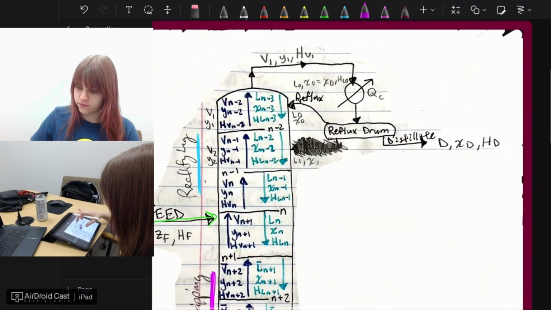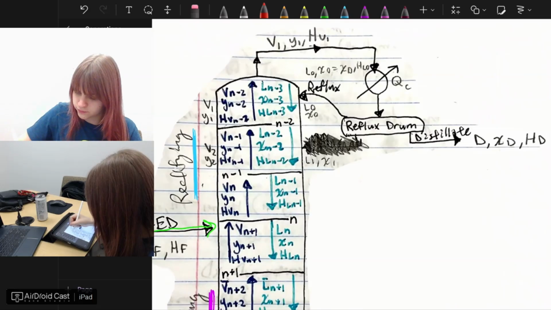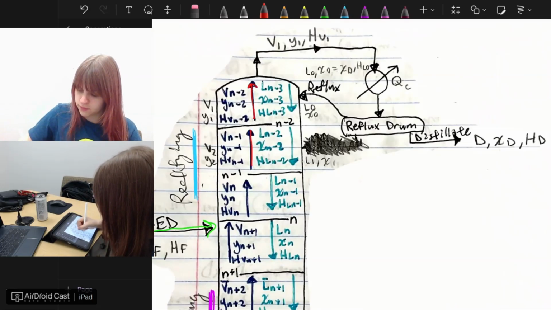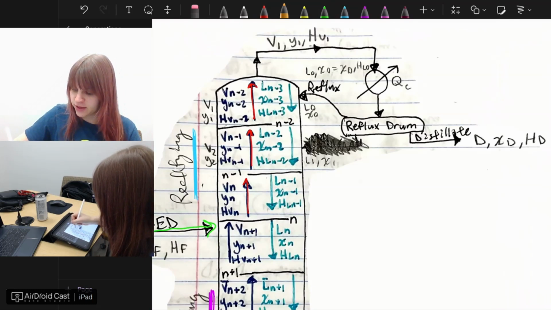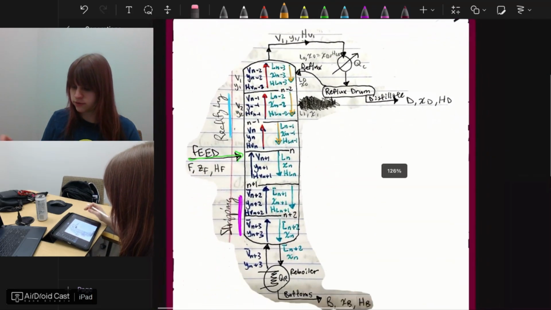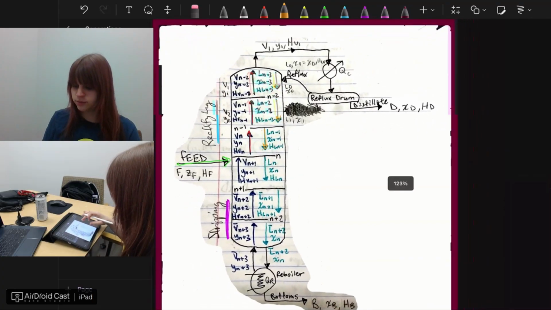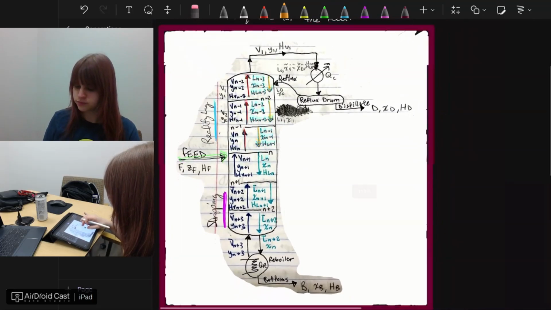As you can see, the vapor is rising, as vapor does, and the liquid is falling down as it condenses, and they are transferring mass and temperature, things like that, as they move through this distillation column.